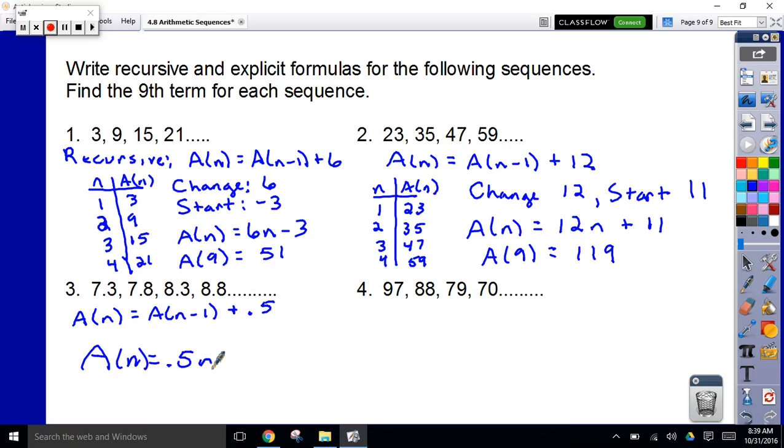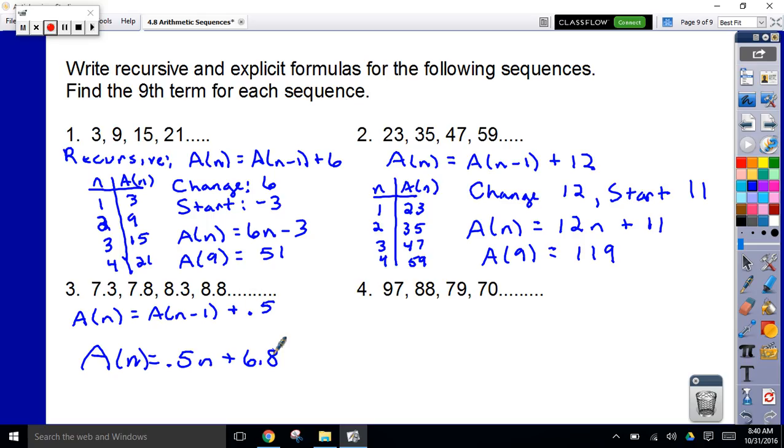A of n equals 0.5n plus 6.8. Good, that's correct, because our change, we can see from the recursive formula, is 0.5, so that's what we put in front of the n, and then our start we find by subtracting our change, which is 0.5, so we get 6.8.